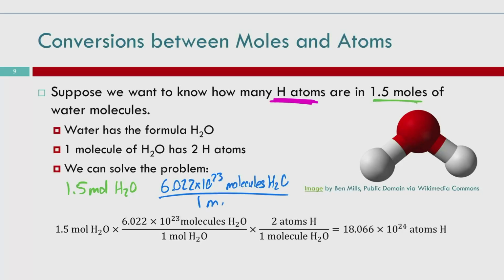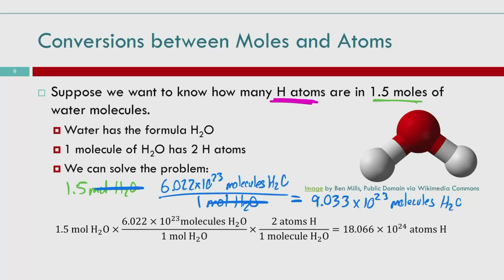Each mole has 6.022 times 10 to the 23 molecules. And we get, that's the wrong number. We get 9.033 times 10 to the 23 molecules. That's a lot of molecules of H2O.